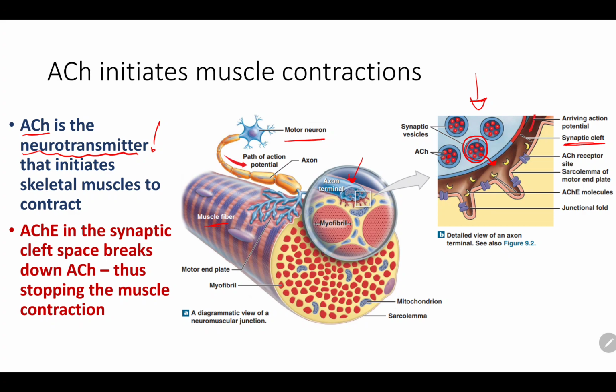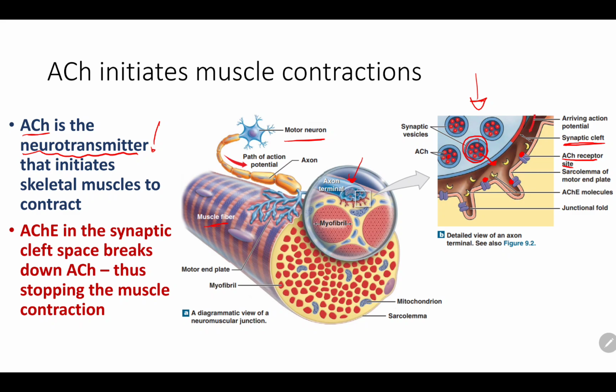When acetylcholine gets released into that synaptic cleft space, it only has like a few milliseconds, or half a millisecond rather. And it has to bind here, at these acetylcholine receptors. And so that can initiate the beginning of this muscle contraction.